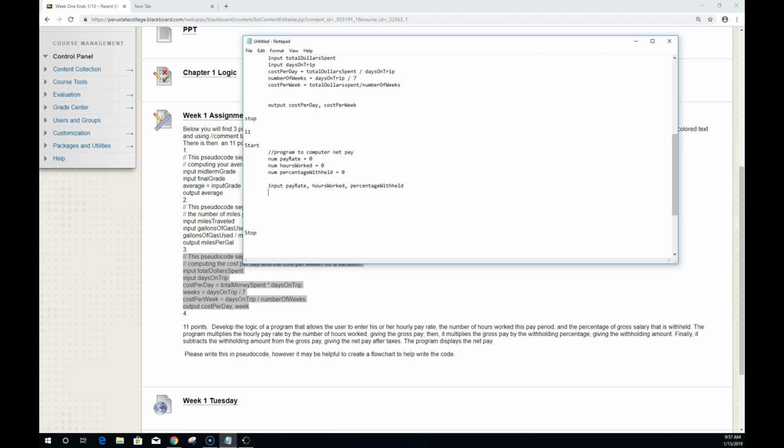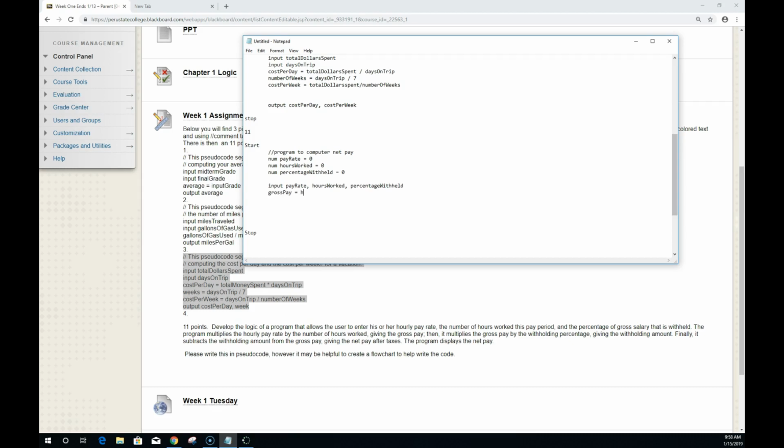So now what are we going to do to calculate it? How do I calculate how much my gross pay is? So you're working for $10 an hour, you got a great part-time job, you worked 20 hours. How much money did you make last week? Okay, so we have another variable we're going to have to add up there. So let's say gross pay, we'll just call it.